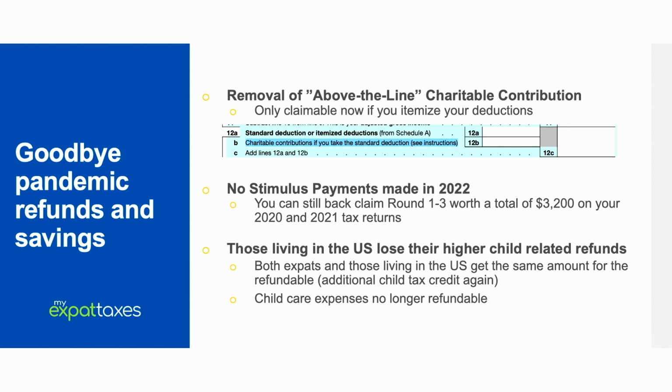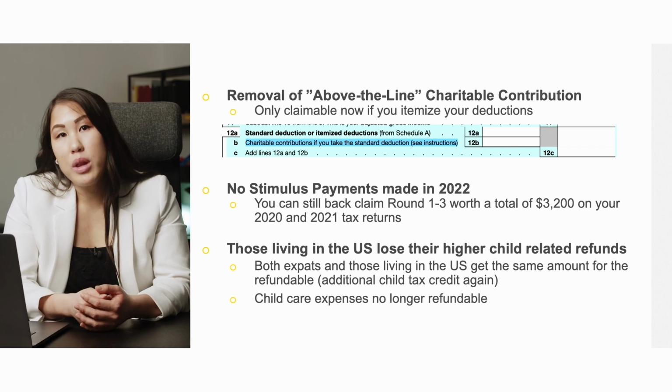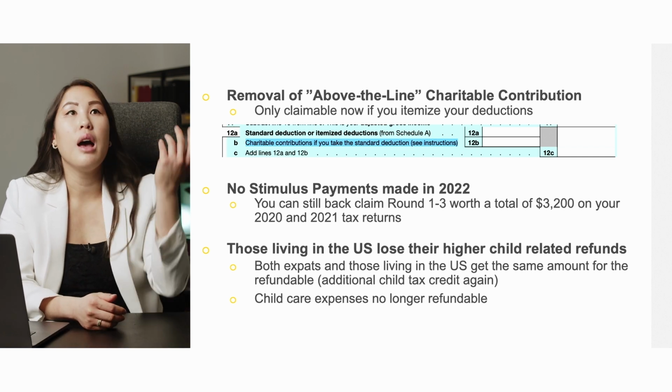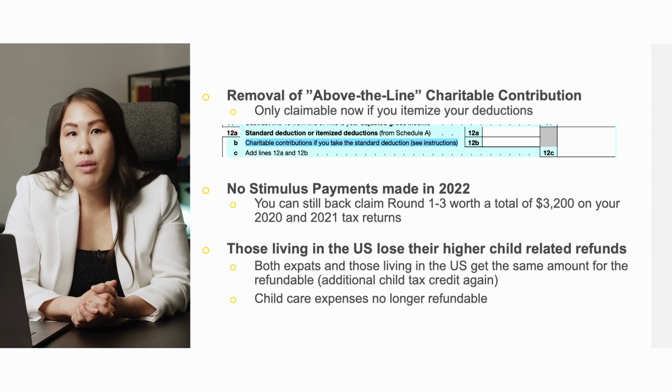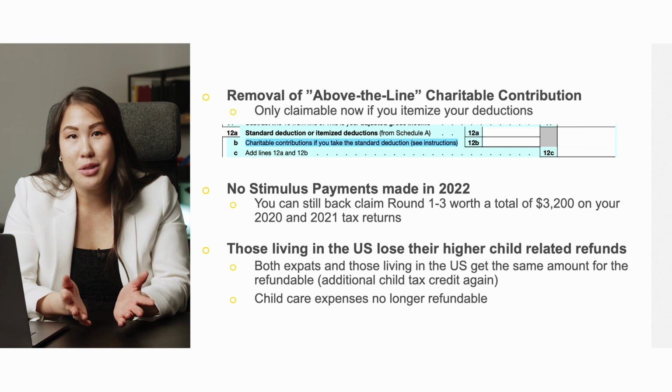Another thing is for those living in the US. Not so relevant for us expats, I don't think we care so much, but those that were living in the US for 6 months or longer during the tax year, maybe those fresh expats, saw really high refunds last year. If you had lived in the US for more than 6 months, you would have gotten an additional child tax credit refund of anywhere between $3,000 to $3,600, not $1,400.